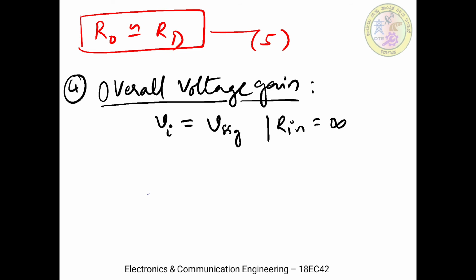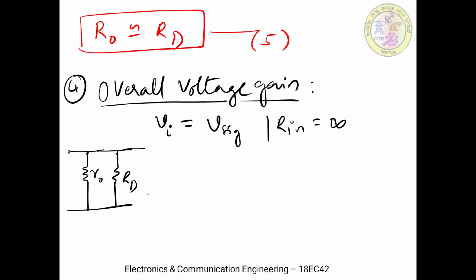Now assume that RL is connected at the output terminal. What we already have at the output terminal is R0 of the transistor as well as RD, and now imagine that RL is also connected.